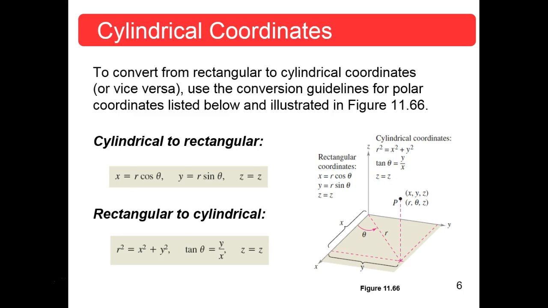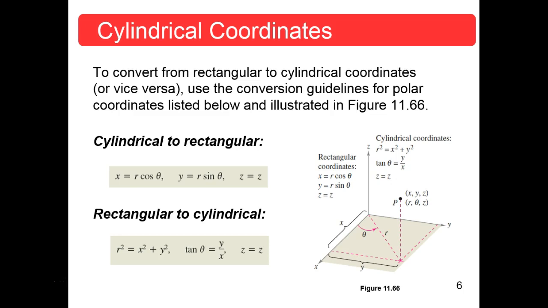Okay. Cylindrical to rectangular, x is still r cosine theta, just like it's always been. Y is equal to r sine theta, and z is the same as z. It's the same z. Okay? When you go from rectangular to cylindrical, r squared is still x squared plus y squared, and tangent theta is still y over x.